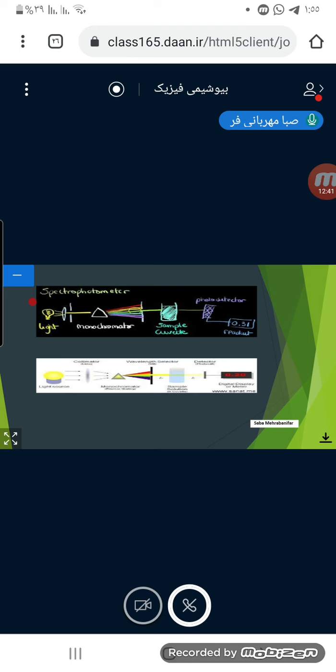First part is light. Second part is monochromator. Here is cuvette sample. Part 4 is detector. And here is reagent.